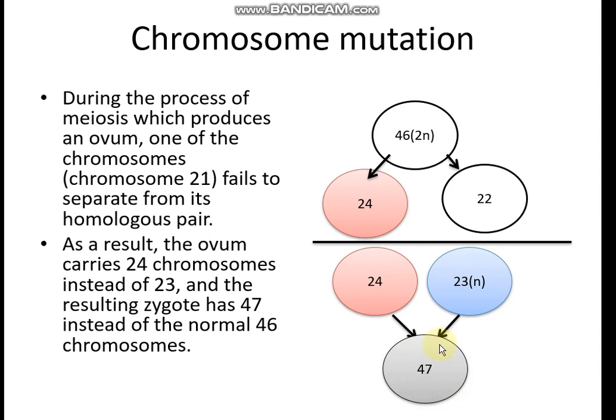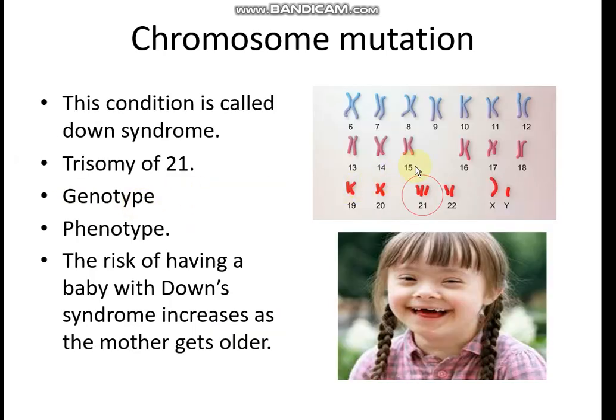In the case of Down syndrome, chromosome number 21 fails to separate at the homologous pair, and the person suffering from Down syndrome will have 3 copies of chromosome number 21 instead of a homologous pair, like in this. This is the karyotype, which we discussed in our previous lesson, and here you can see that for chromosome number 21, instead of a pair, there are 3 copies.